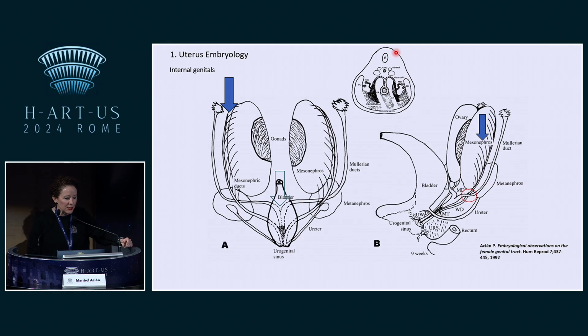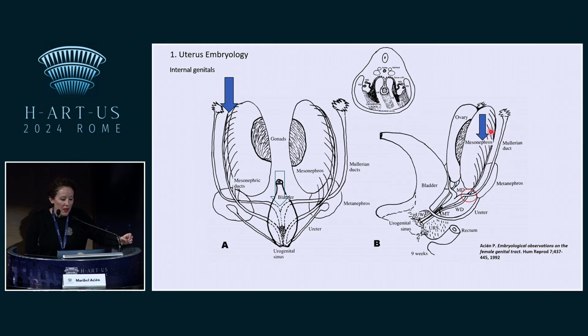So in this figure, you can see on a 6 weeks embryo the beginning of the invagination of the paramesonephric or Müller duct, while at the same time in the thickness of the urogenital ridge, the mesonephric excretory tubules converge to form a mesonephric or Wolffian duct that descends to the cloaca, opening into the urogenital sinus.